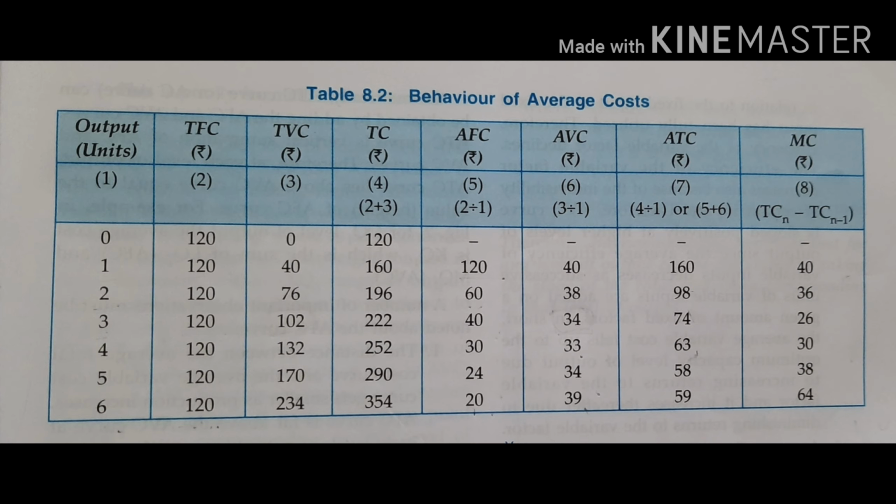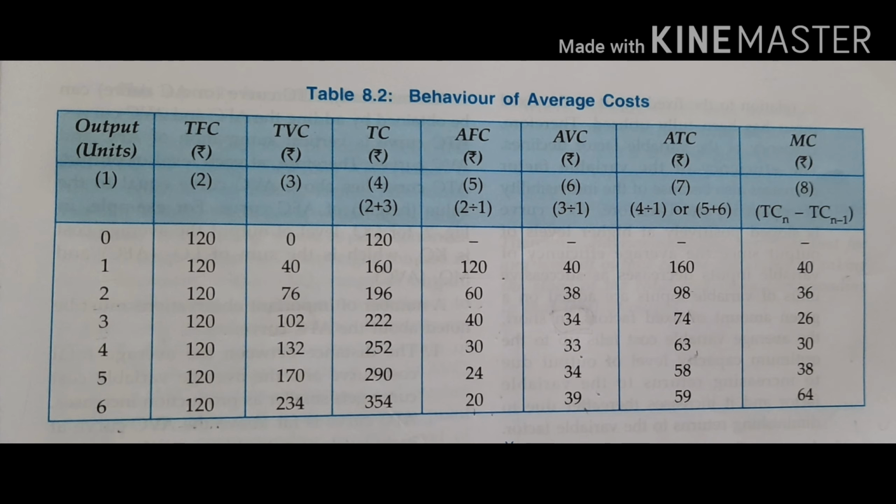But if you move on further to the sixth unit, if you divide the same fixed and constant cost of 120 by 6 units of output produced, it will come to 20 only. So mathematically and technically we understand that since total fixed cost is constant, as the number of units produced increases, the average fixed cost will fall, right? This is what is happening here.